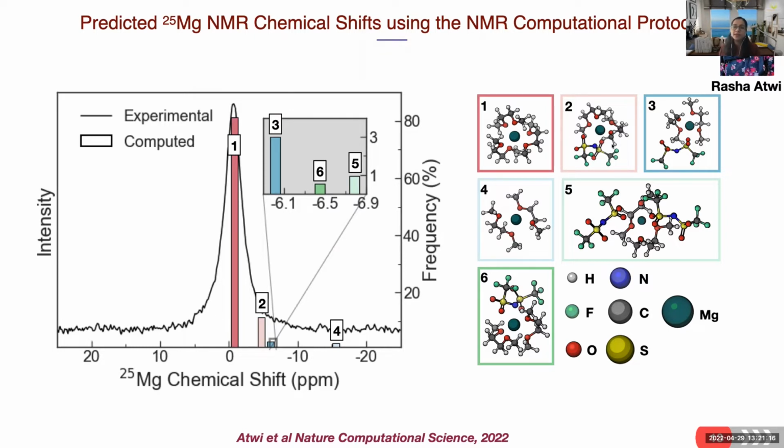So here we identified 5 other stable structures which are likely present in the solution and control the properties of this electrolyte, but we couldn't find them using the experimental NMR spectrum alone.